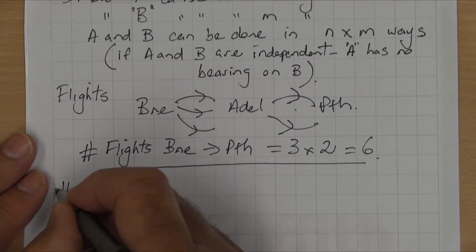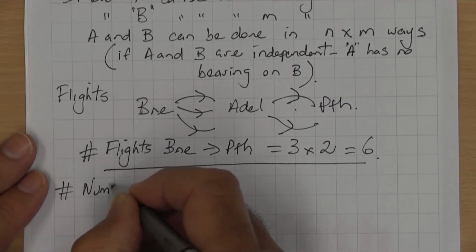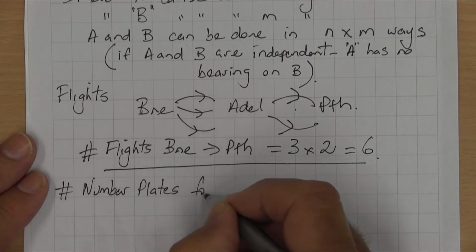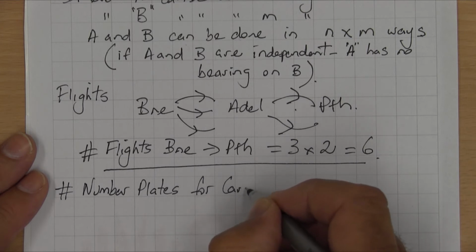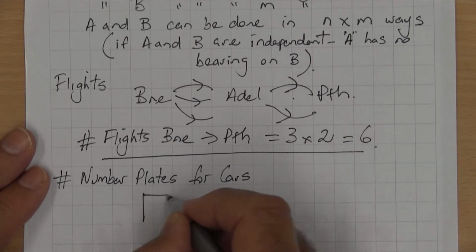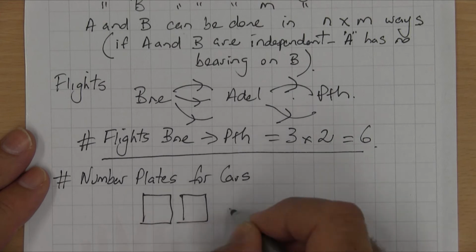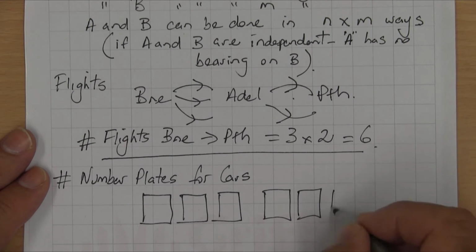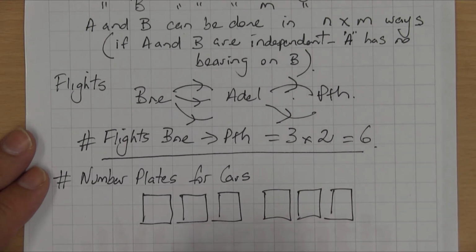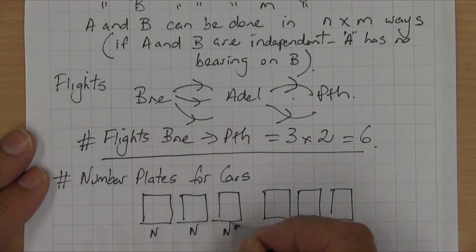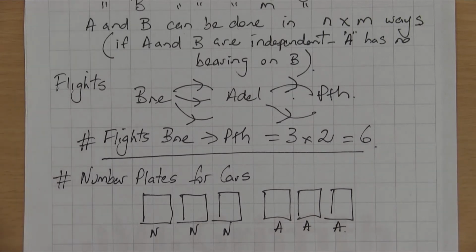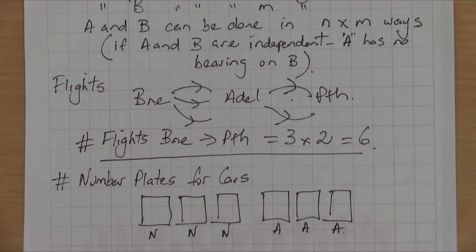So the number of number plates for cars, and let's assume, once again, that's a deadly assumption because you can get personalised plates, but we're just looking for the standard old number plate that has a number, a number, a number, and then an alpha, an alpha and an alpha, so a letter from the alphabet. So we've got 3 numbers followed by 3 letters.